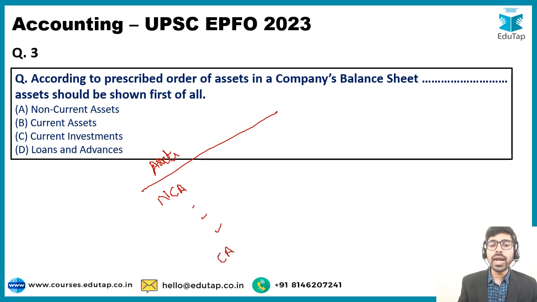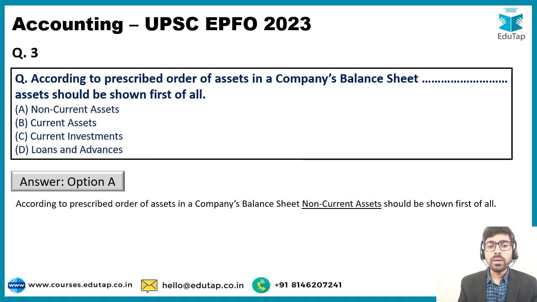And after that we have the current assets like your inventory, your cash, your receivables. They are all shown in the current assets after the non-current assets. So first we are going to have non-current assets. So the correct answer to this question has to be option number A. This is something that you have to remember. Non-current assets and non-current liabilities are shown first of all in a balance sheet. Correct answer becomes option number A.